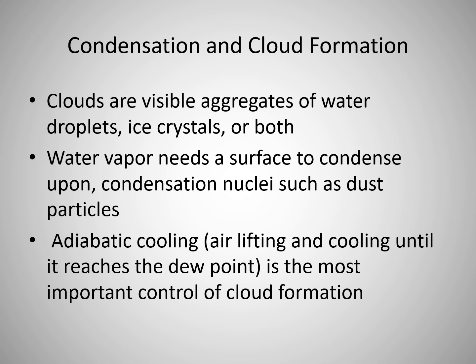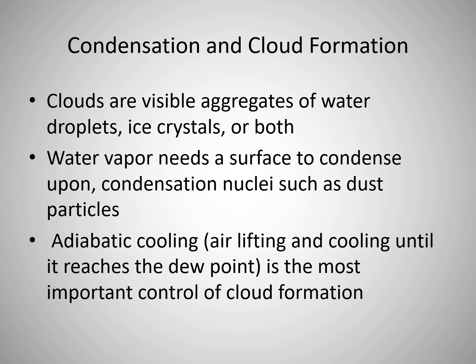Okay, so water vapor needs a surface to condense upon. This could be your glass of iced tea, the windshield of your car, or the blades of grass outside if it's dew in the morning, or it could be condensation nuclei, aerosols like dust or pollen in the atmosphere. So what is the most important control of cloud formation?